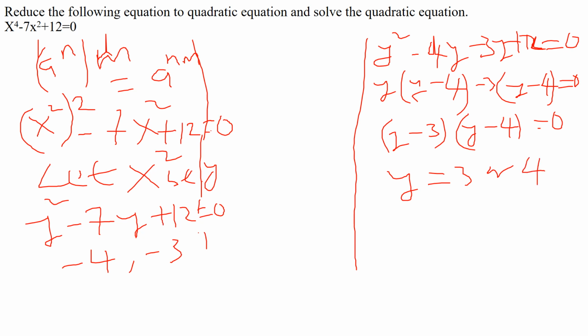But remember, in this scenario, I know that my y is equal to x squared. So I can say that 4 is equal to x squared. To get the value of x, I just need to get the square root on this side and the square root on this side.